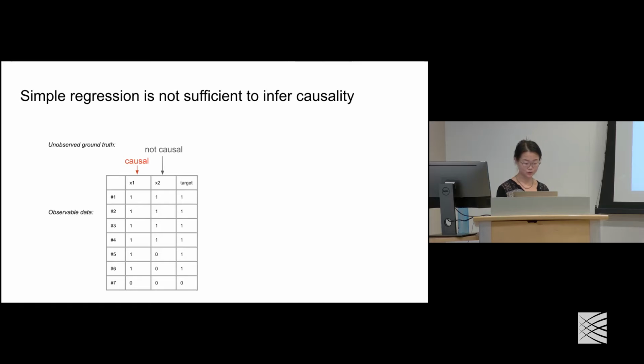But okay, for an easier intuition, maybe I like to think about realistic situations. Suppose that x1 is the number of dishes that you ate for lunch, and target is the fullness index that you measure after lunch. 0 is you're very hungry, and 1 is that you're full. So clearly there is a causal relationship, right? You ate a dish, you're full. You didn't eat, you're hungry. But x2 is interesting.